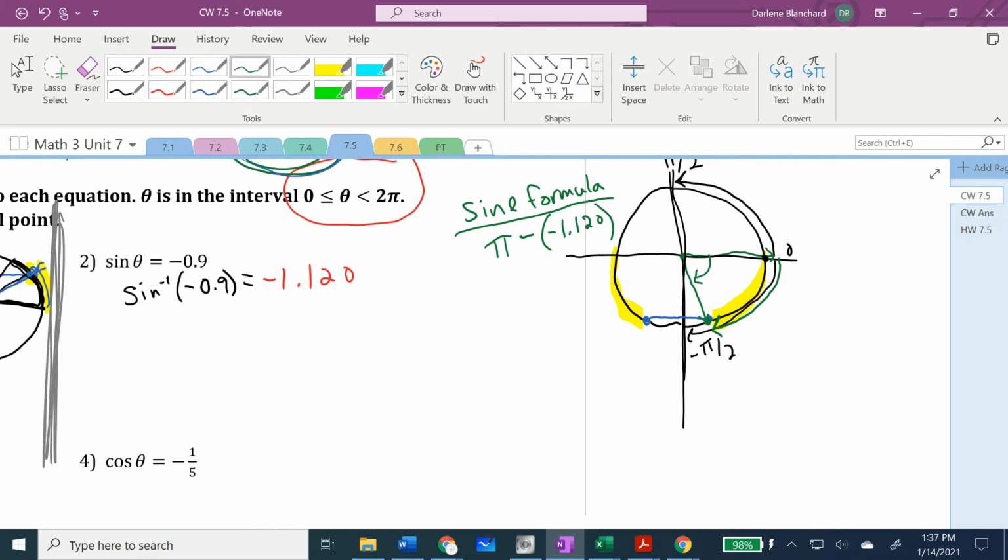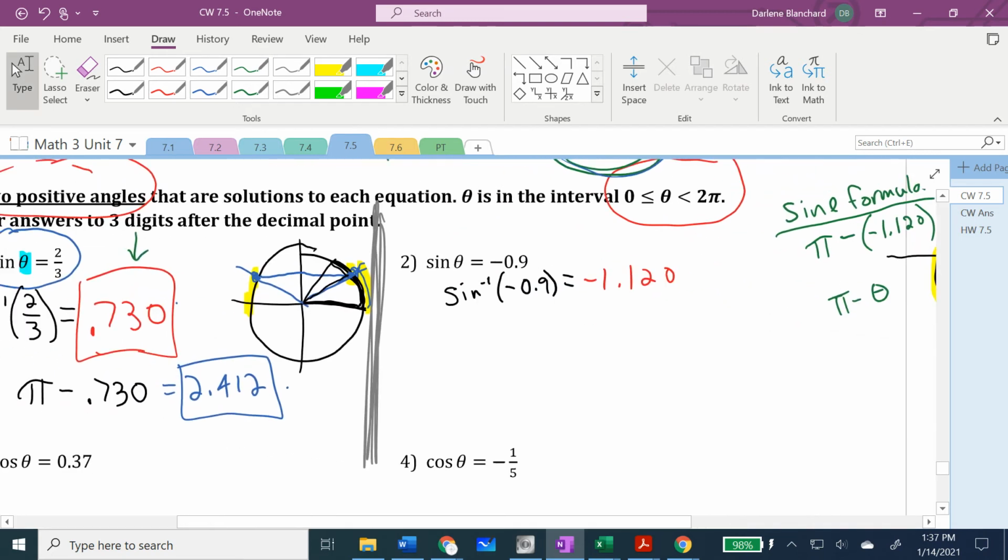So the formula of pi minus theta is going to work every time you use your inverse sine function to find the location of the angle on the other side of the circle that your calculator will not tell you about. No matter what problem you work on, you will first put it in your calculator. You will then use a specific formula that will be given to you.